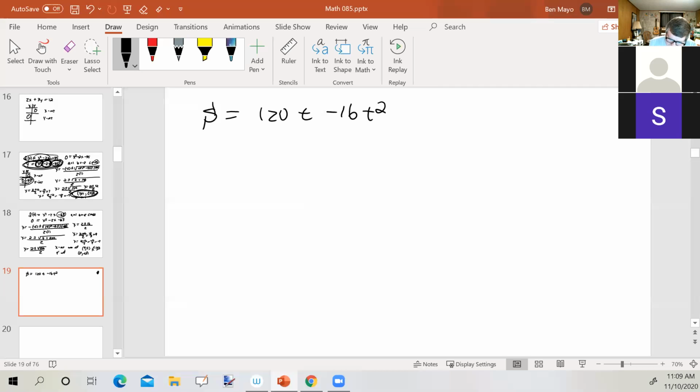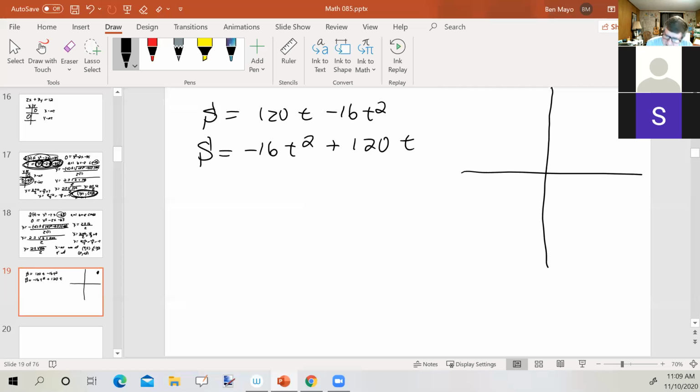Okay. First of all, let's put it in standard form. So there's ax squared plus bx plus c. In this case, c is 0. If we were to take the time to graph this accurately, since a is negative, it opens downward.